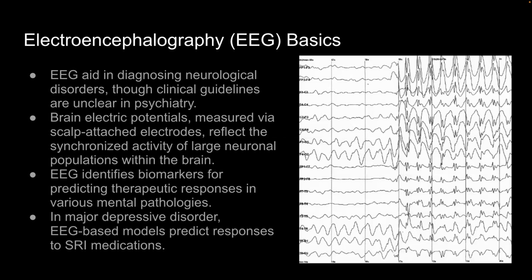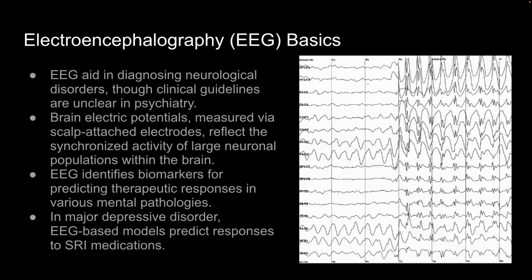EEG will take different leads placed on the scalp, and we're looking at kind of the superficial outer part of the brain. We're looking at global brain activity at that particular part of that region. And so we're summating millions of different electrical outputs from neurons in that particular part of the brain. And then we have individual leads, and we hope that that can maybe create some spatial differences between the different parts of the brain.